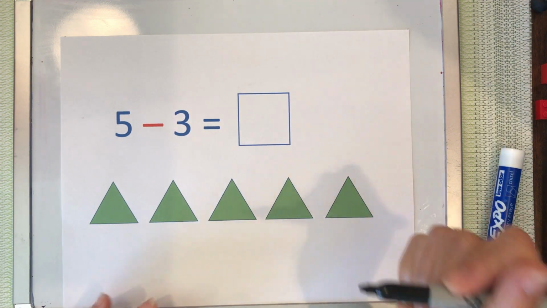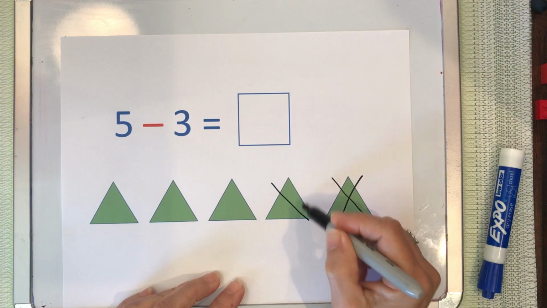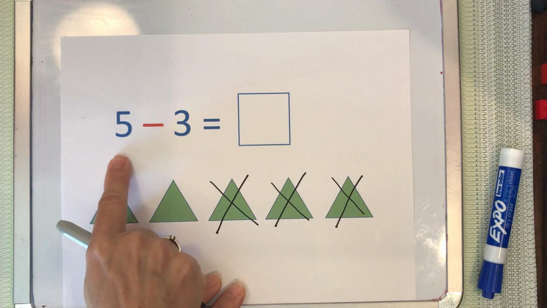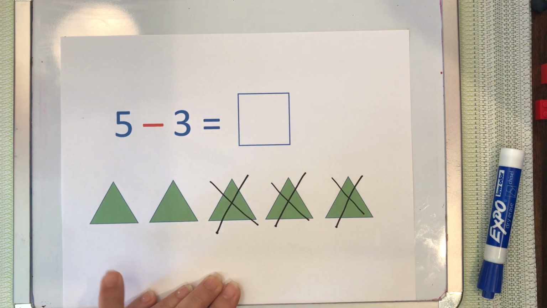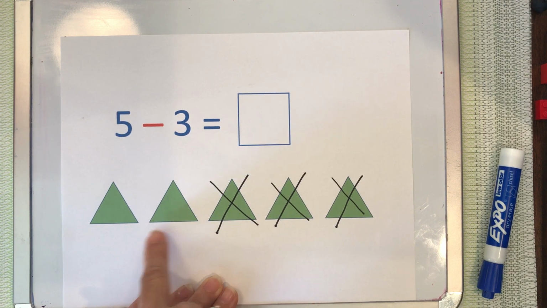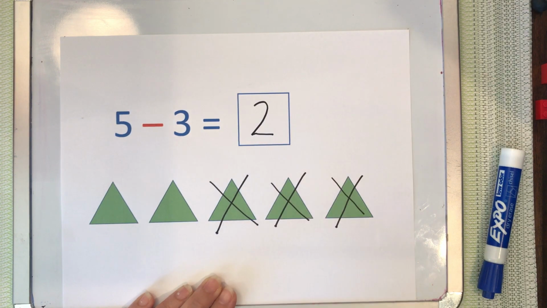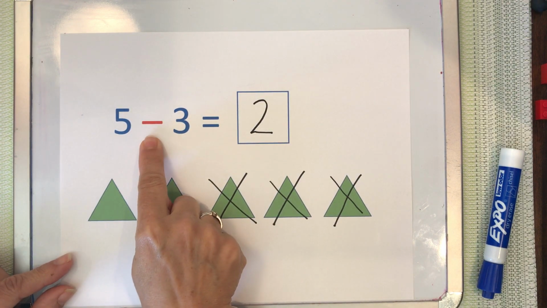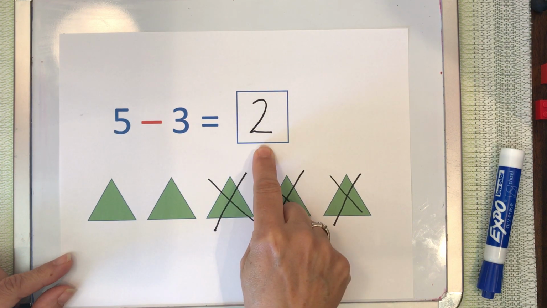So let's cross off 3. 1, 2, 3. 5 minus 3 equals, and how many do we have left? 2. So we're going to write 2. Now let's read the sentence together. 5 minus 3 equals 2.